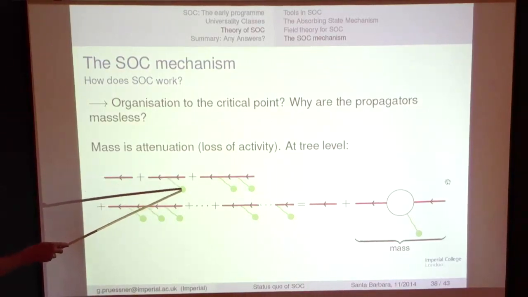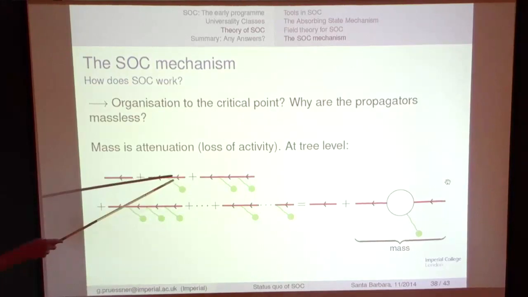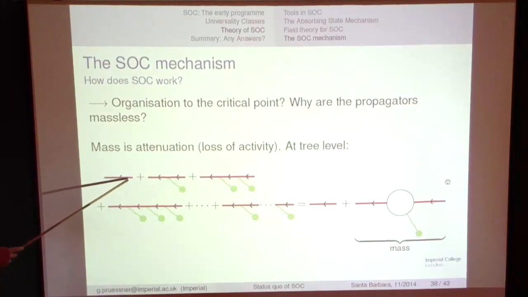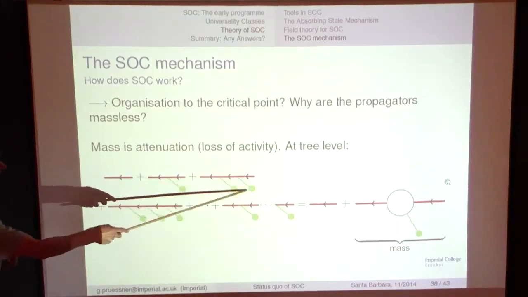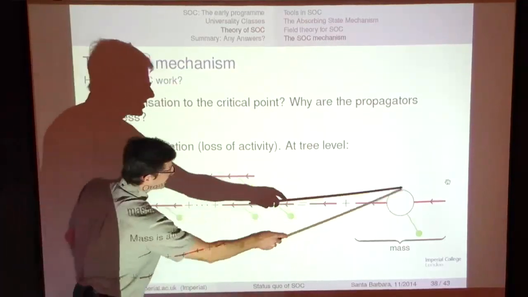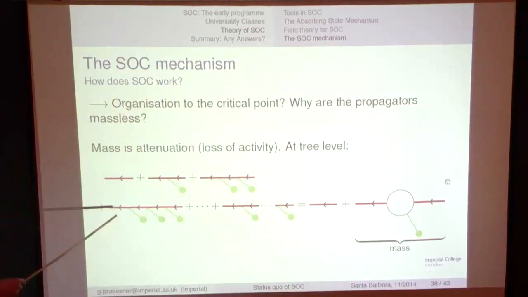And the wriggly line with the filled circle there represents the interaction of active particles with the substrate. So I can write down this sort of Dyson sum where a particle comes in and just carries on. Particle comes in, interacts with the substrate once, twice, and so on. And I can just sum them all up, and I get my overall mass. And this term here, this bubble, contains all these contributions.